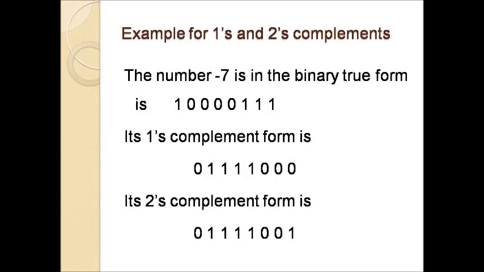So for -7, we find the 1's complement by replacing all the 0's with 1 and 1's with 0. Then to find the 2's complement, add 1 to the 1's complement of the number.